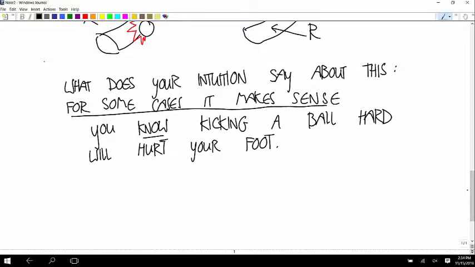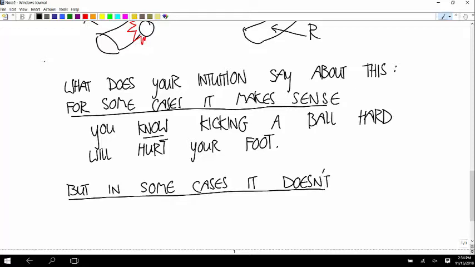In other cases, in some cases, it doesn't make a lot of sense to you intuitively, probably. And I think a good example of that is this baseball and bat contact.